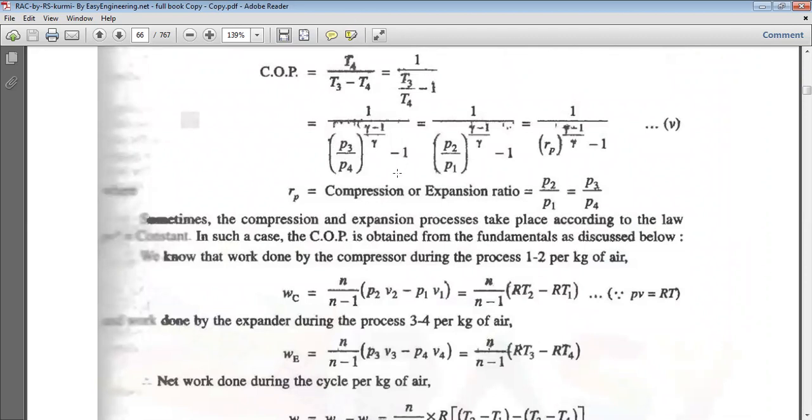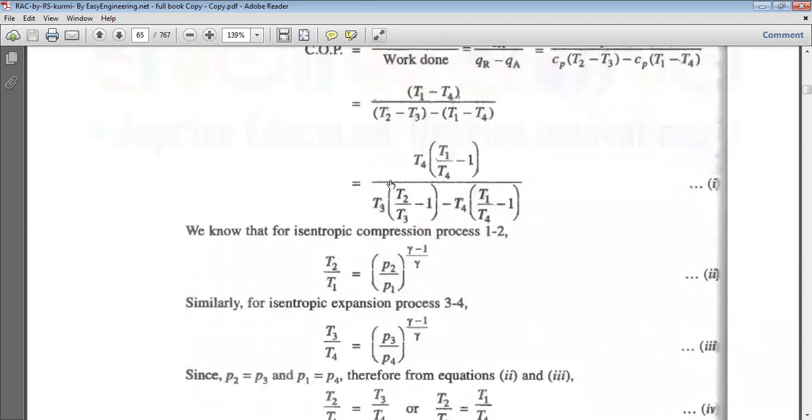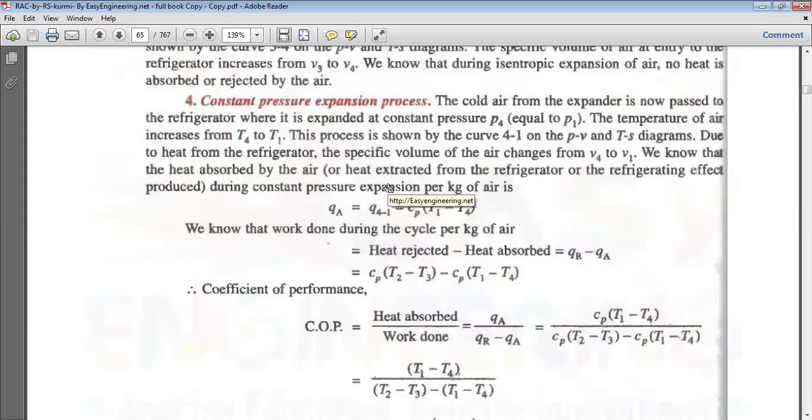Bell-Coleman cycle? What is the Bell-Coleman cycle? What are the other names for the Bell-Coleman cycle? Reversed Joule cycle or reversed Brayton cycle. Generally, the most popular cycle is the Brayton cycle, which is used for running gas turbine engines.